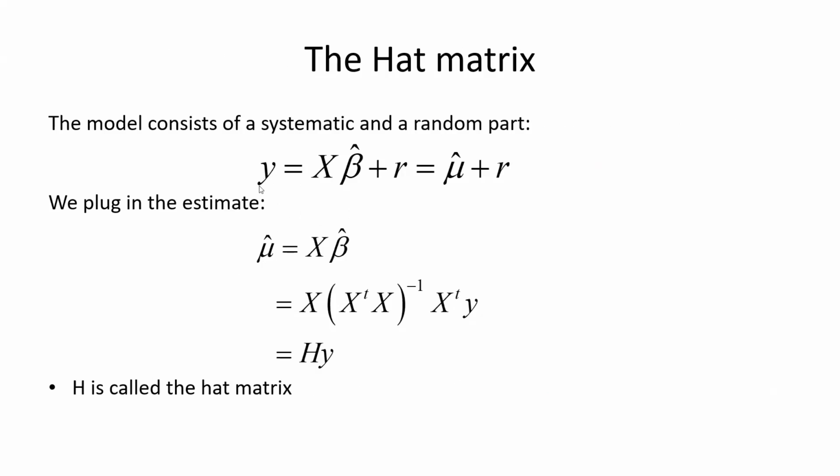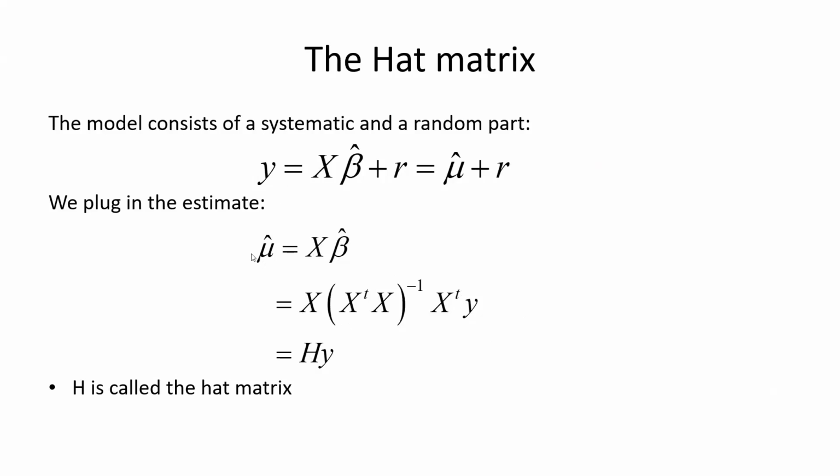We can represent y as the sum of these two vectors, the mean vector x beta plus the residual vector. So mu hat is x times beta hat, where beta hat is our new estimate. And if I plug in this new estimate from the previous page, here it is, and then I make up a new letter for this first part here. So everything that involves the x's is now called H, or the hat matrix.